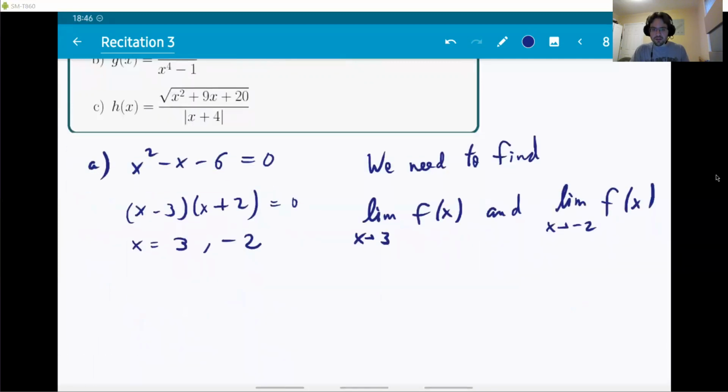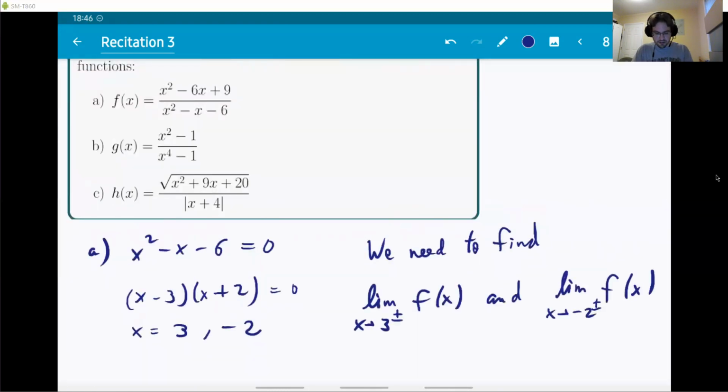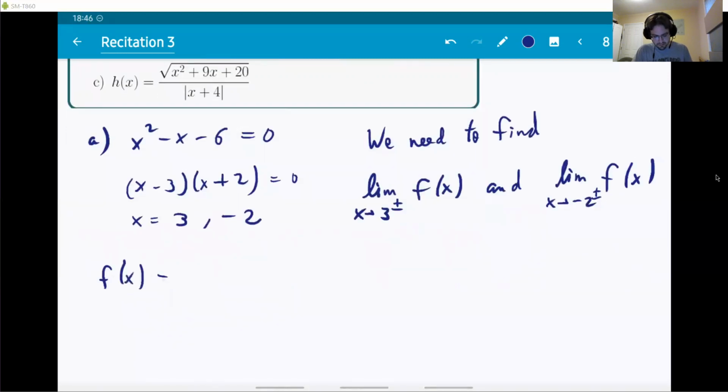Not only the limits, but actually also plus or minus here, one-sided limits. If one of these is infinity, that means there is an asymptote. And if they're not infinity, there is no asymptote there. Now, okay, let's take another look at the function and simplify it. Well, x squared minus 6x plus 9.